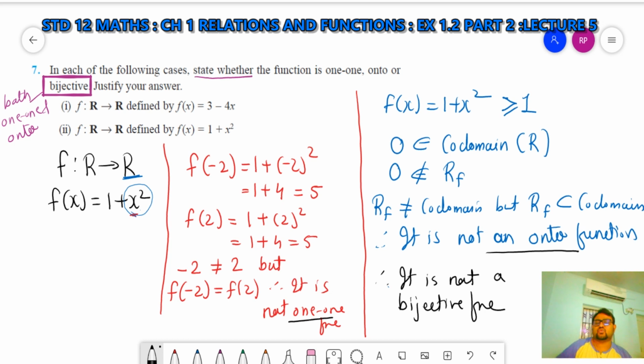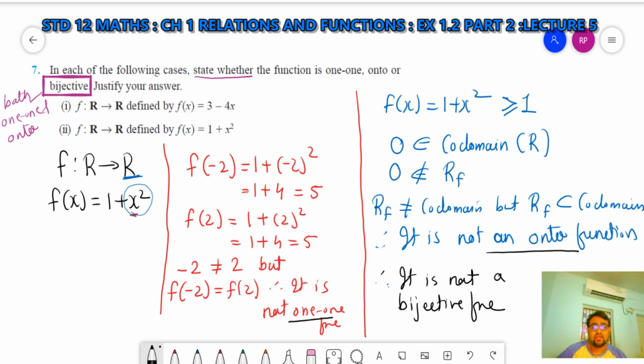Okay, so this was about question number 7 and its second sub question. So remember this, whenever there is a square given in the function, for 1-1, try to take one negative value and one positive value of the same number.